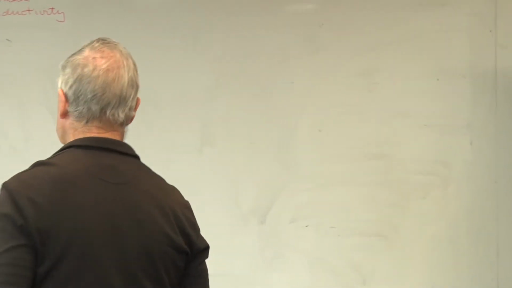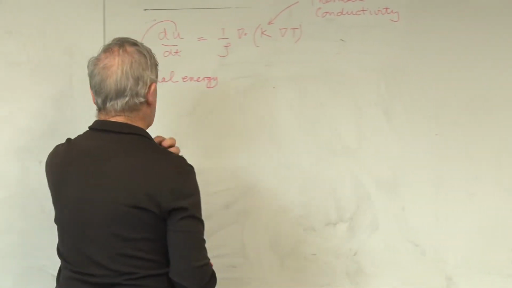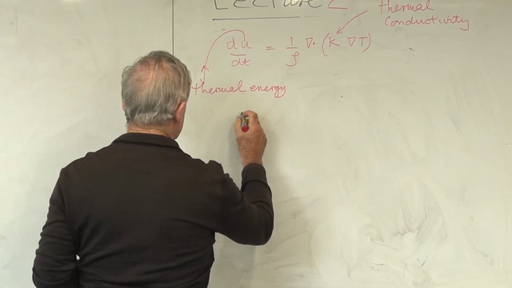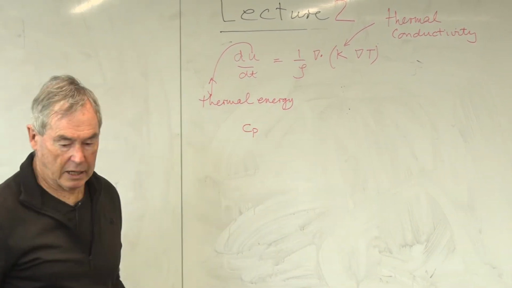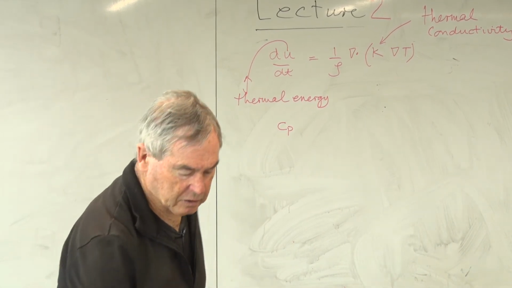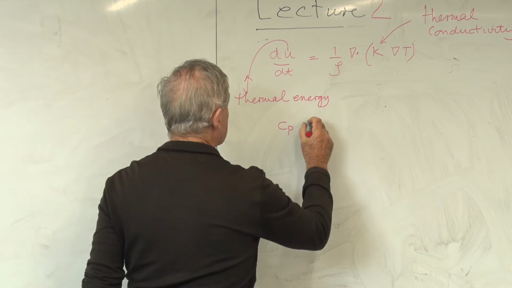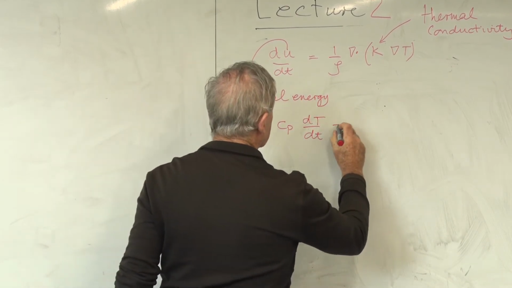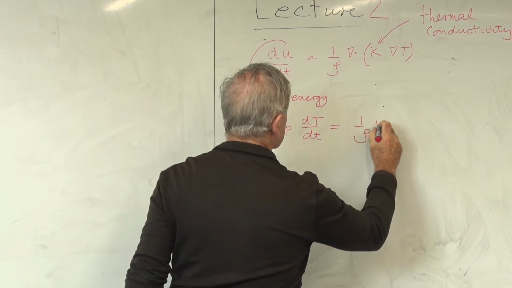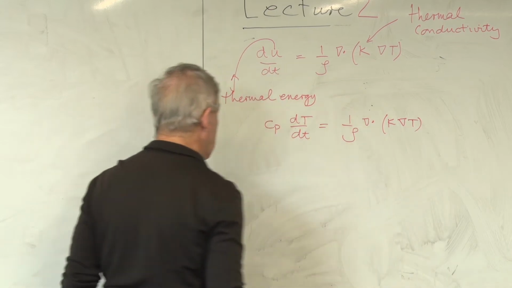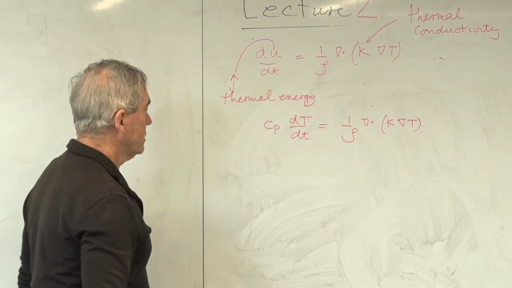So there are many interesting problems, I think, and this we can write as Cp, the specific heat at constant pressure, times the rate of change of temperature, following the motion actually, is equal to 1 on rho div of kappa grad T. Now we have to think how we're going to calculate this.